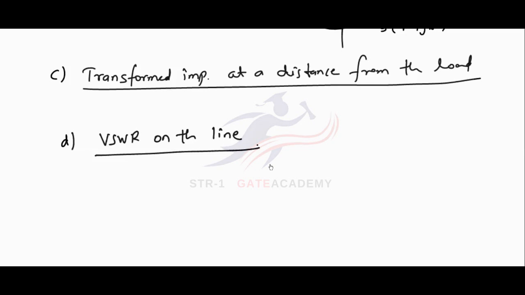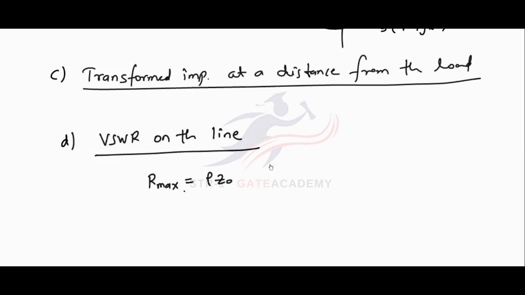Now for this case, we need to understand. We know that the R max value, the maximum impedance on the Smith chart, is rho into Z naught. We have seen this.